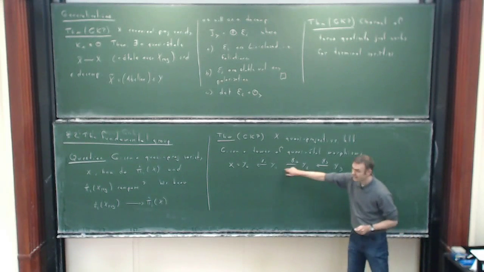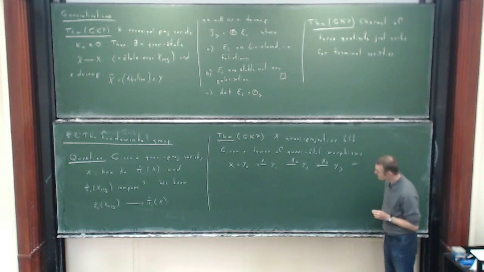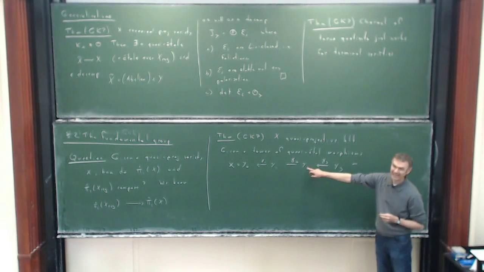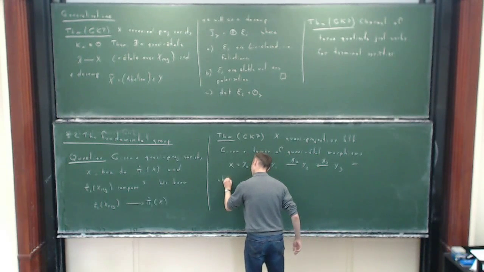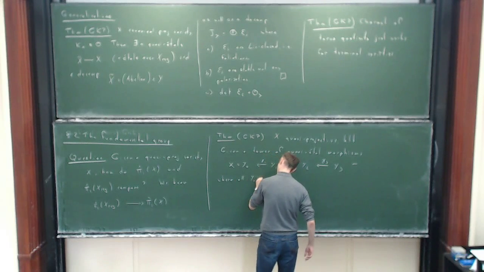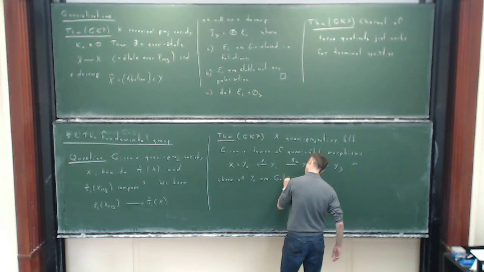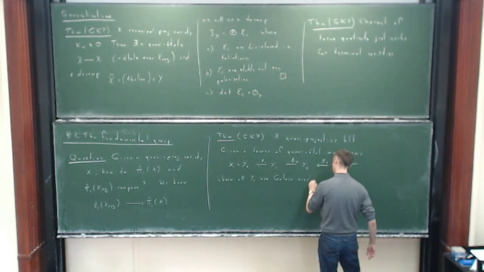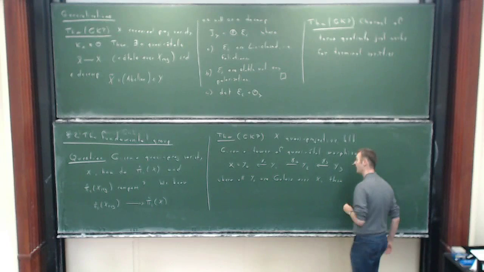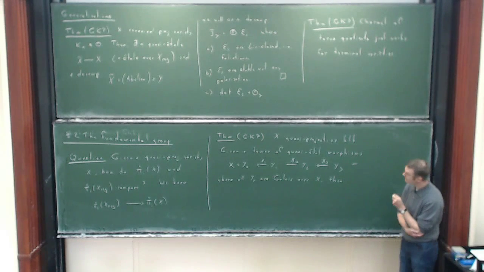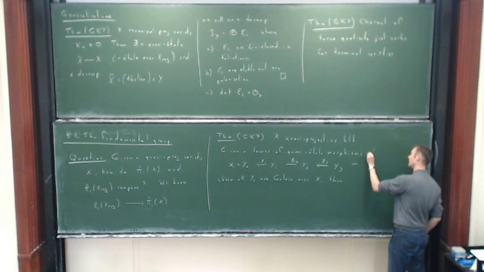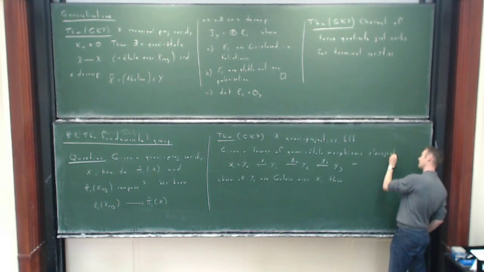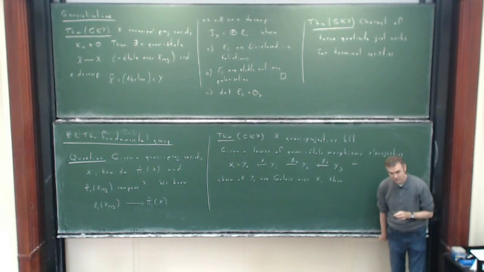I'm assuming that all the gamma i's are quasi-étale, and I'm assuming that any of the Y's is Galois over X. So where all Y i are Galois over X, then what we can show is that in this tower of morphisms that are quasi-étale, and I should say plus surjective, then almost all morphisms are in fact étale.